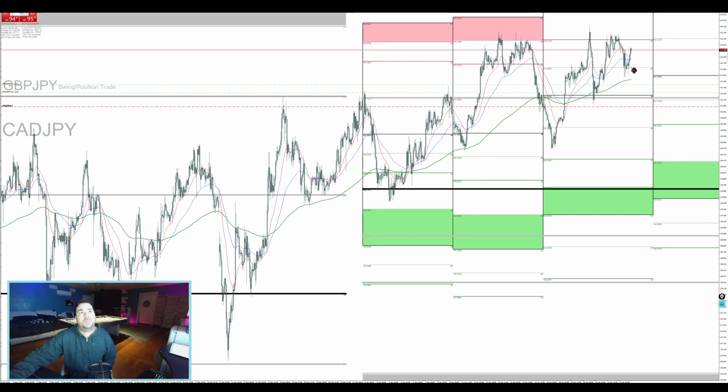Okay, so this is our dip. This is hourly chart now, right? This is where I bought in. I bought in here, right there, and I also bought right here. And this is today's dip, right here.